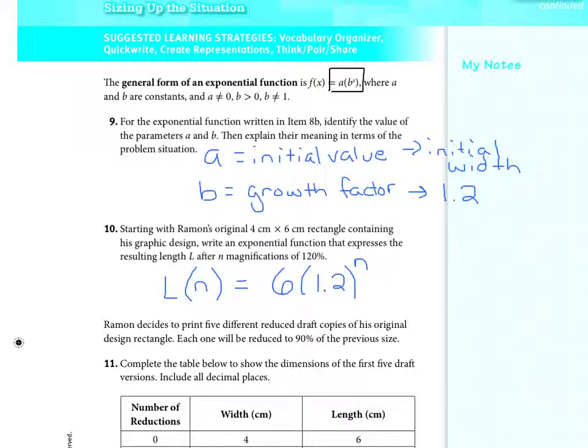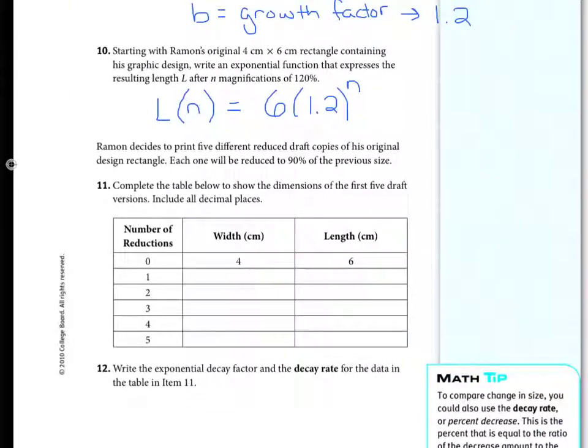Now, what if instead of increasing it by multiplying by 1.2, each one will be reduced to 90% of the previous size? So for 90%, we would take 4 times 0.9.